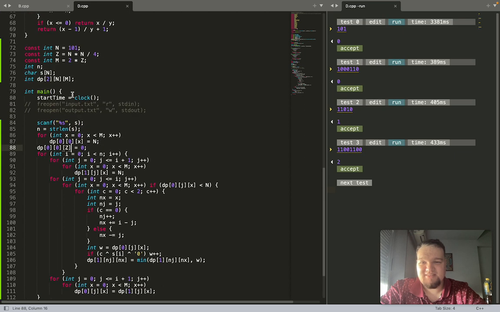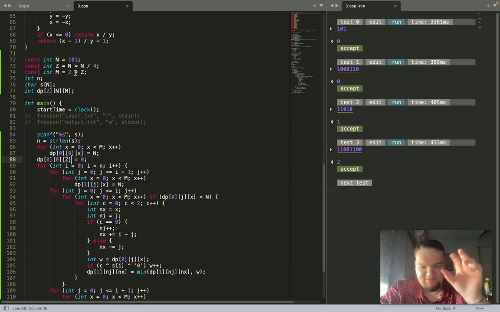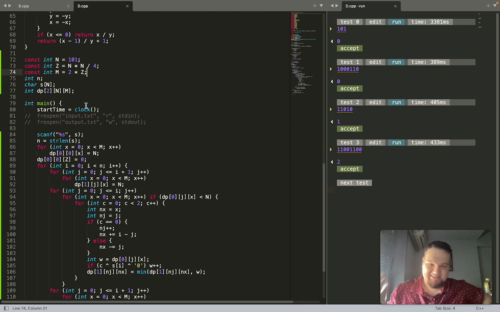Even after doubling, it's n square over 2, and moreover for a shorter prefix it's even less than that.